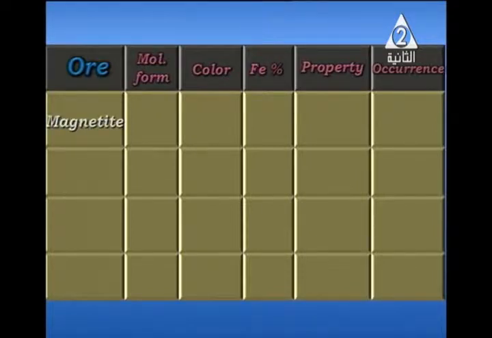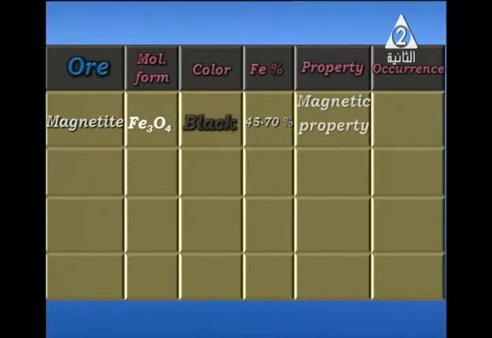The first ore is called magnetite, has molecular formula Fe3O4 and has a chemical name magnetic iron oxide or black iron oxide. Its color is black. The percentage of iron ranges from 45 till 70%, and it has magnetic property, and it is found in eastern desert.